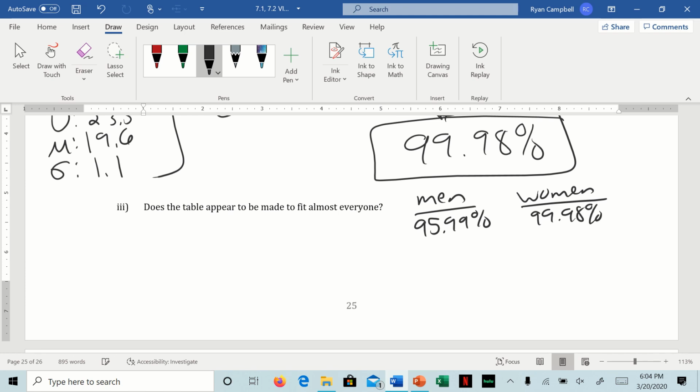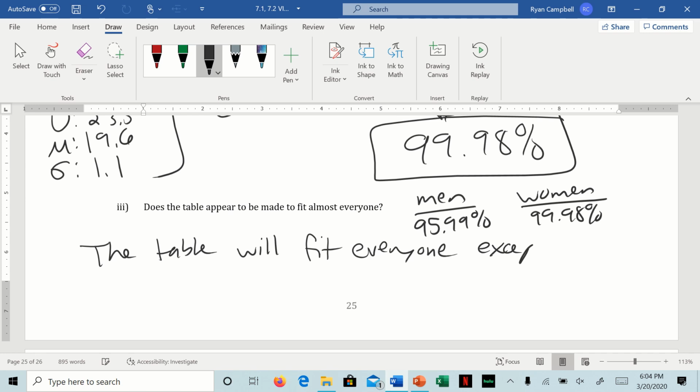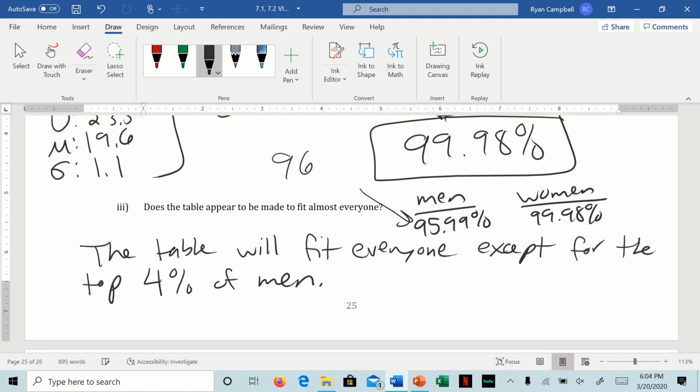So you could say the table will fit everyone, mostly, except for the top about 4% of men, right? Because that's almost 96%. So the only percentage of men that wouldn't be able to fit is about just 4%. And that's practically 100% for the women.